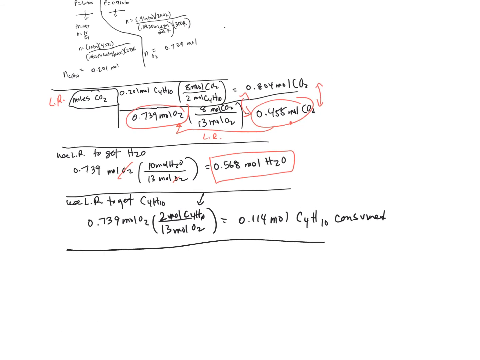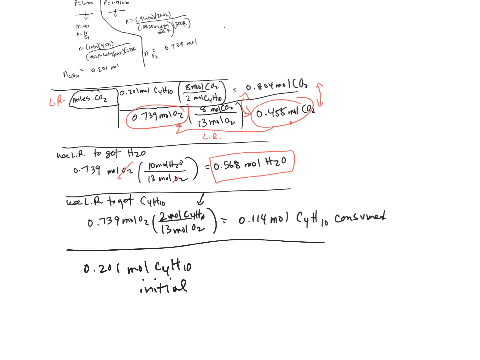The next part we're going to use is how much is consumed. So now we're going to take the amount that was used up in the chemical reaction and subtract that from your initial amount. So 0.201 moles C4H10 was what you started with after your PV equals nRT.